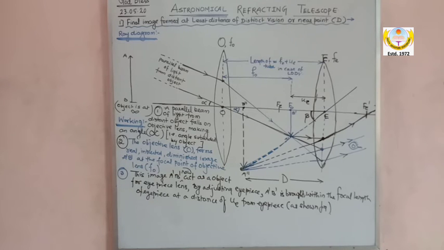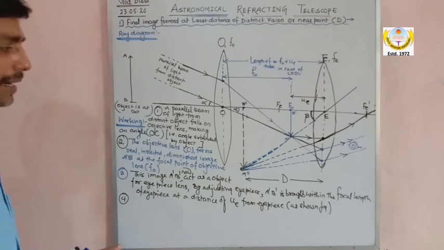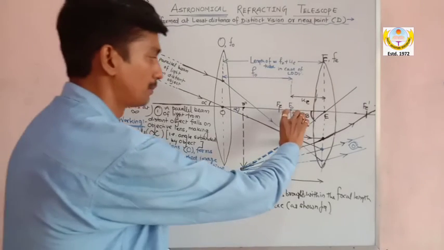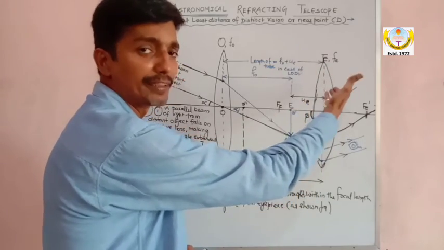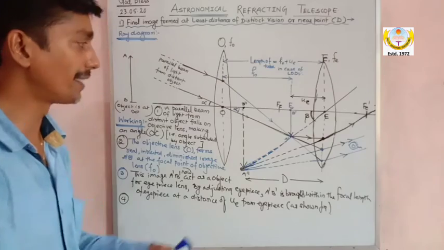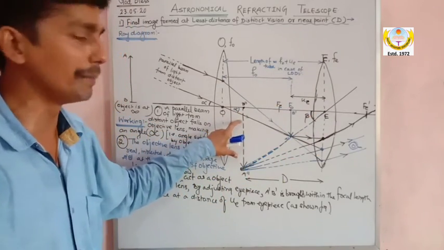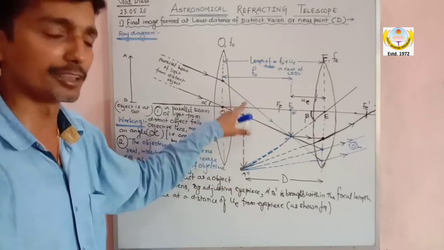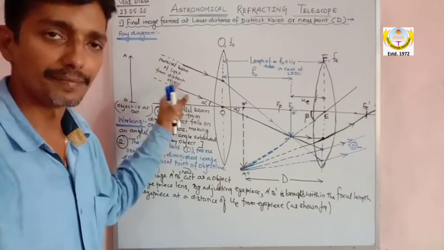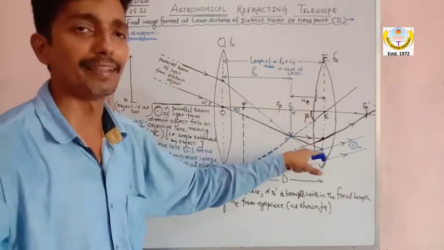Point number 4 is the last point of the working. Please take care. Now my dear, as A dash B dash becomes the object for the eyepiece, you all know that this eyepiece will form the final real inverted image with respect to the object.